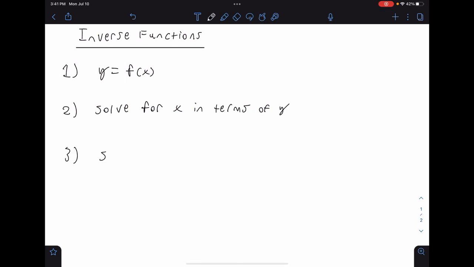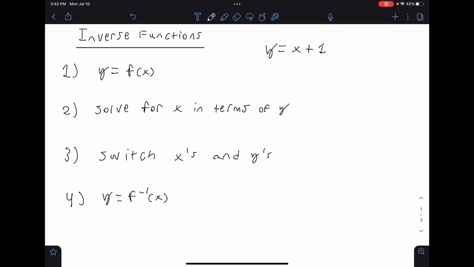Three, we switch x's and y's. And 4, the result should look like y is equal to f inverse of x. So basically, if we had a function y equals x plus 1, we would just want to solve for x to find its inverse. So let's do an example.